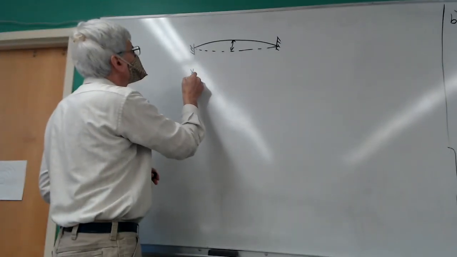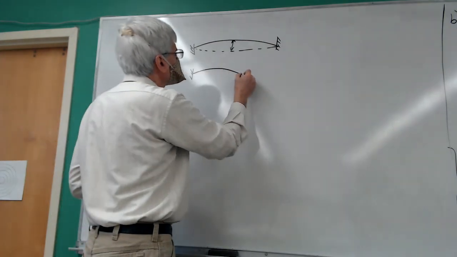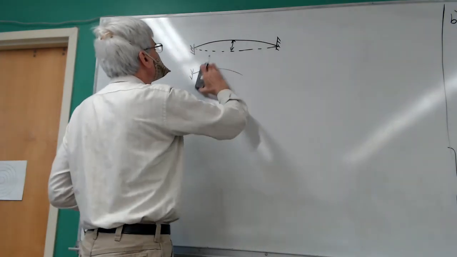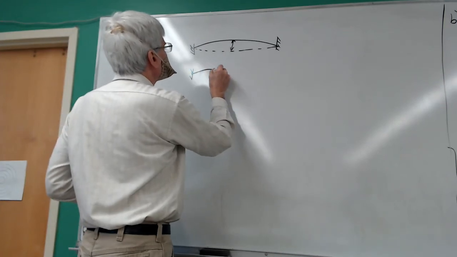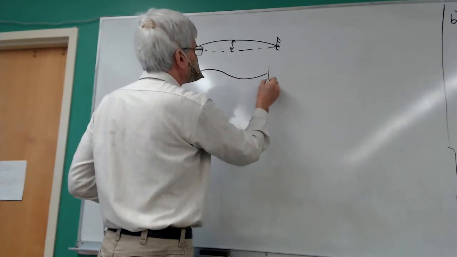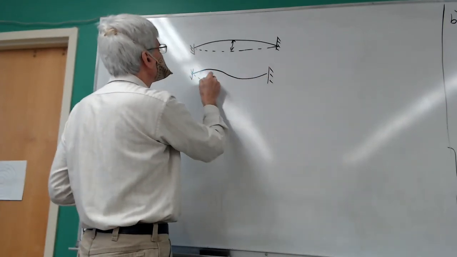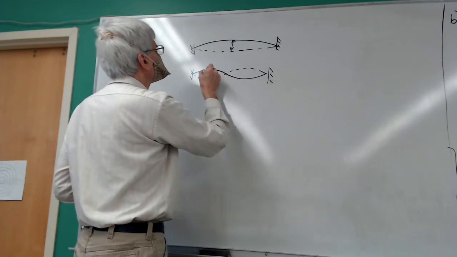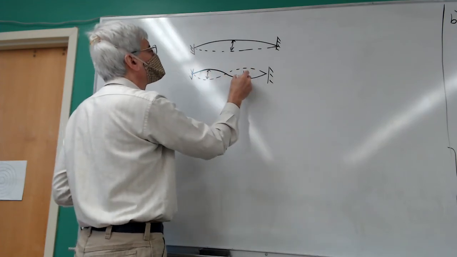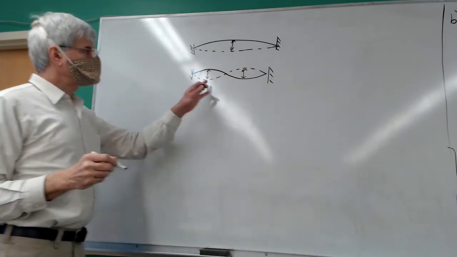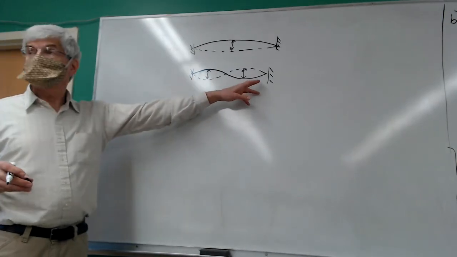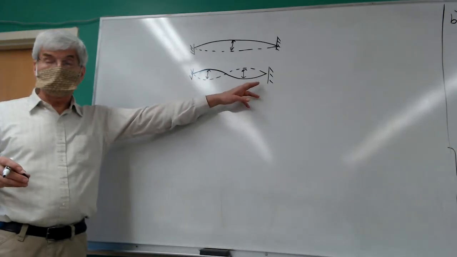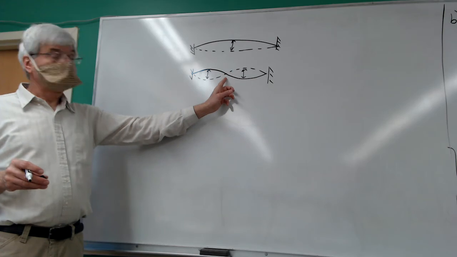Or, well, like that maybe. It could go back and forth between these extremes. Once again, you have the nodes that are required at the ends and another one in the middle.